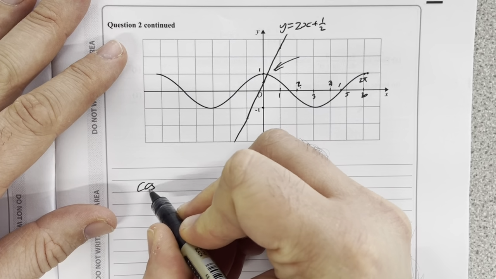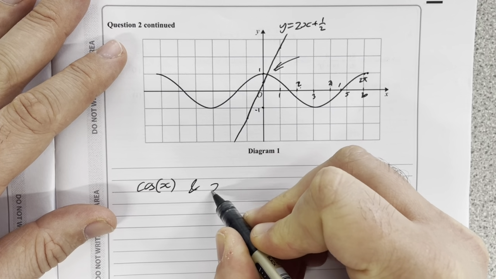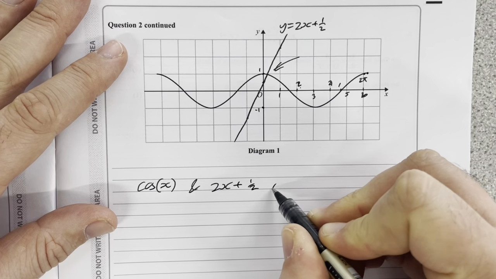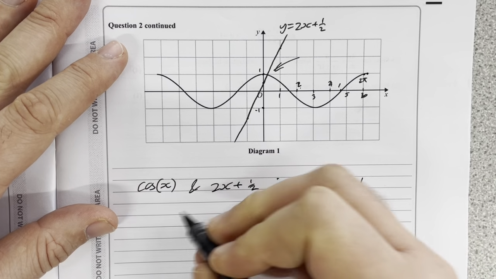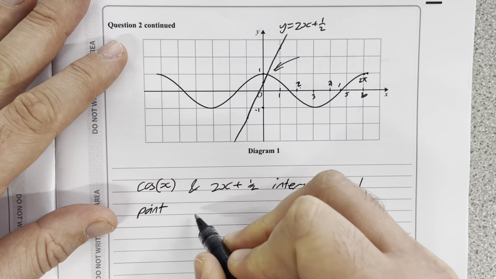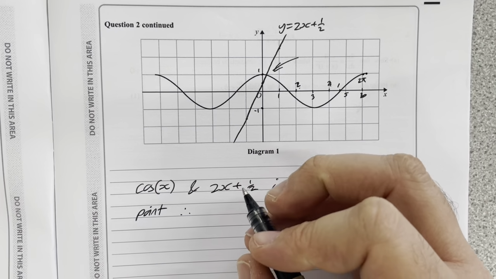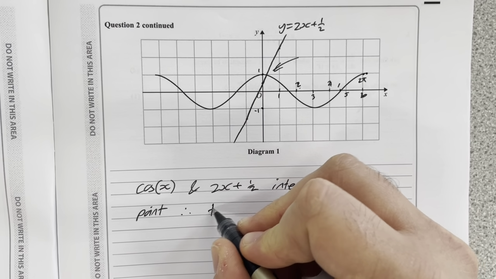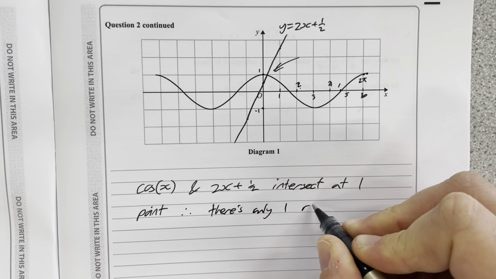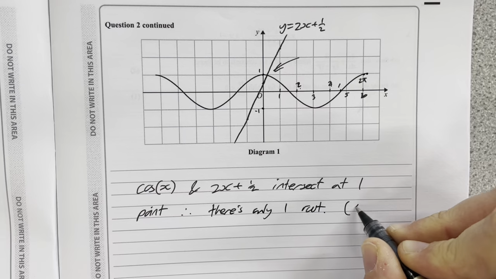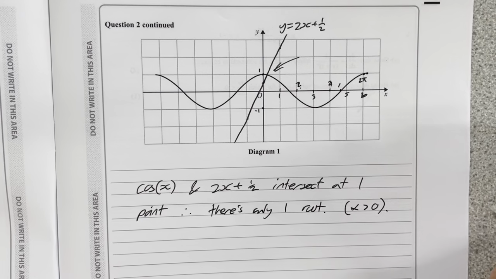So cos of x and 2x plus a half intersect at one point, and therefore there's only one solution. There's only one root. Let's call it alpha, which is positive.